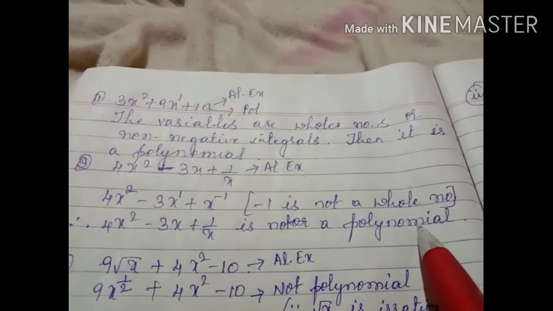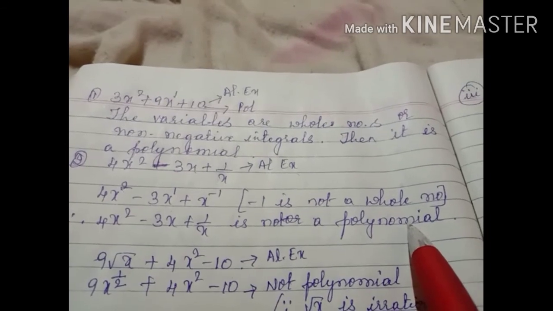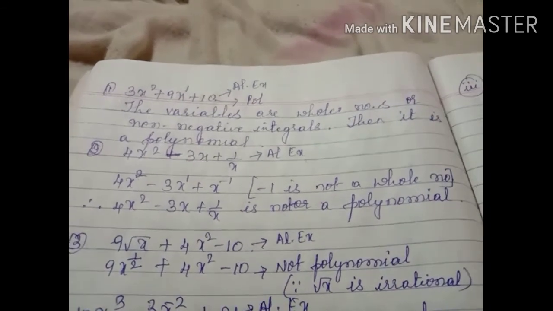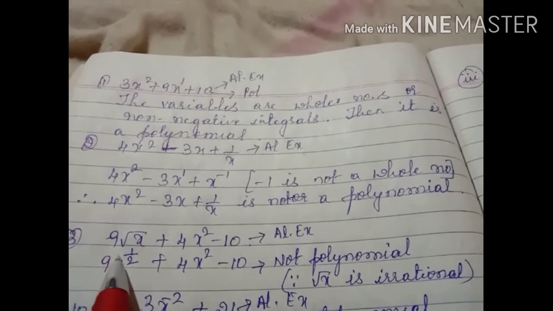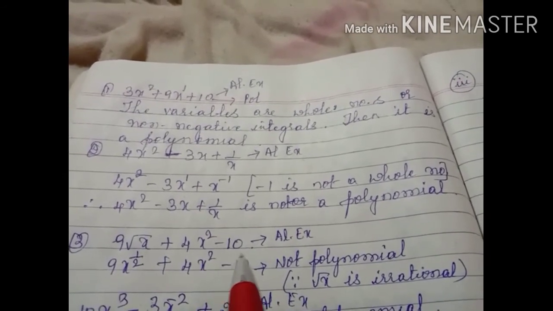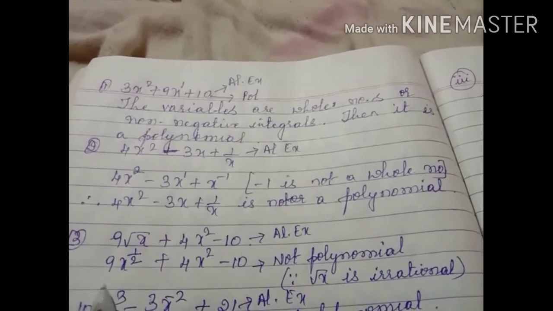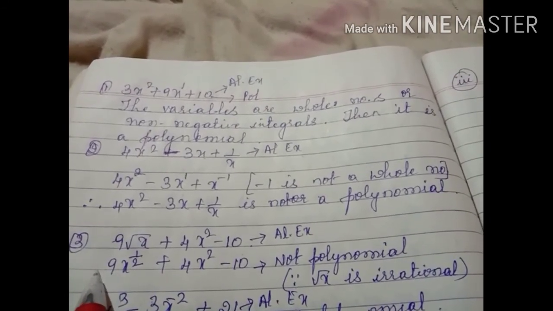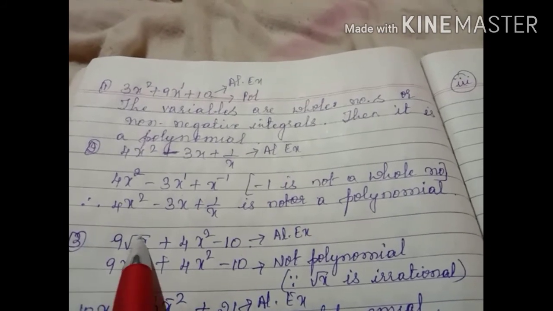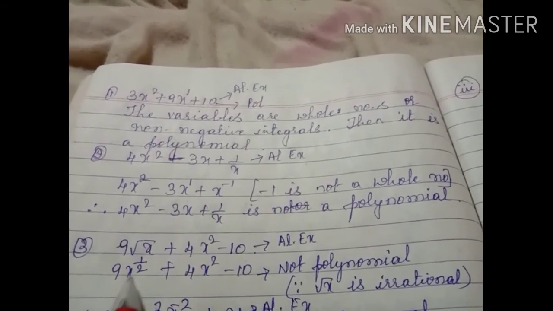Still more examples are there. I will tell you clearly how a polynomial is different from an algebraic expression. Now let us move to the next example, 9 root x plus 4x square minus 10. It is an algebraic expression, but it is not a polynomial. How? The exponential form of root x is x to the power 1 by 2.